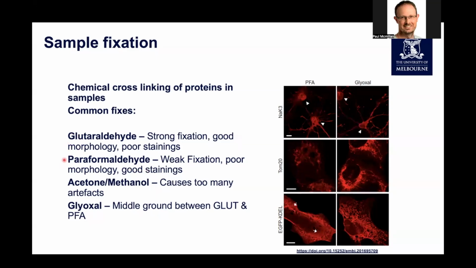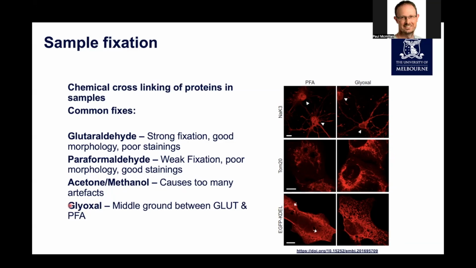And again, we often tell researchers if they're new to their sample, then go and hit the books and see what's been published before in terms of sample prep reagents and concentrations. Acetone methanol is one that works specifically for different types of samples, but often that can cause too many artifacts.